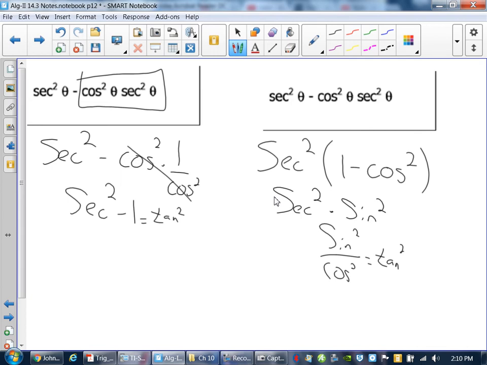Which one? 11. Sure. How'd you do it? Secant squared at the end was 1 plus tangent squared. Ooh. Yeah. It'll work. It's just awful. Except then when we were supposed to distribute the negative, yeah.